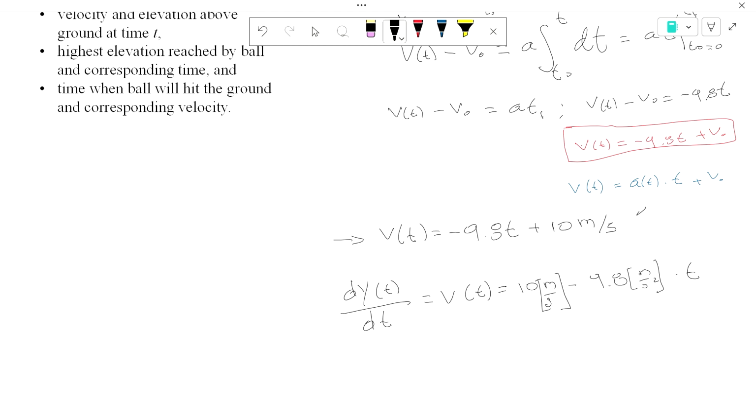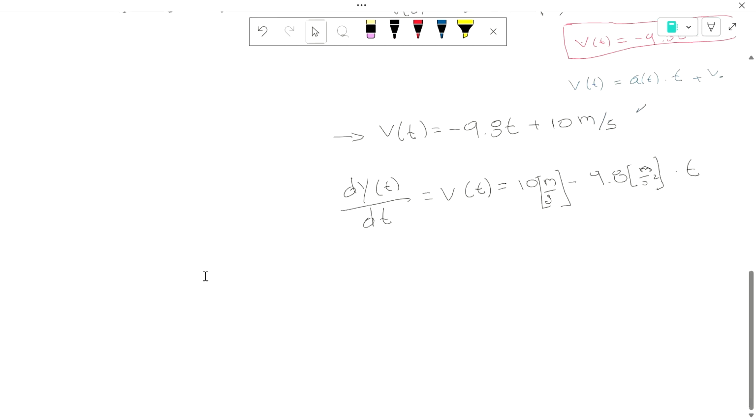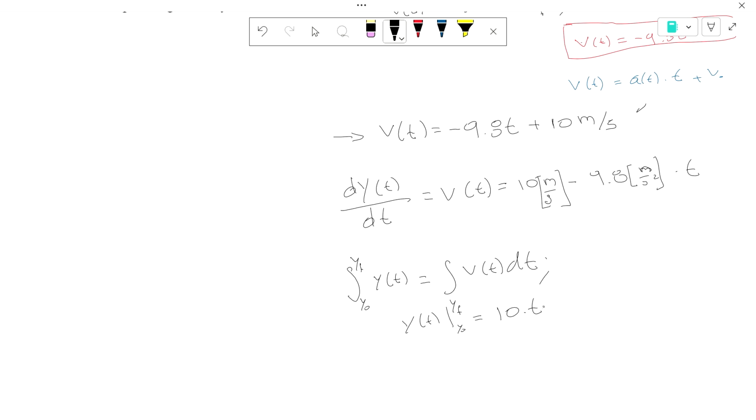Okay, so we can integrate this and say the integral from y0 to y final of dy is equal to the integral of v as a function of time dt. Okay, and that means that y of t from y0 to y final is equal to 10 times t.